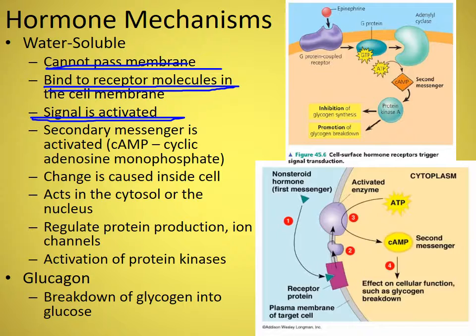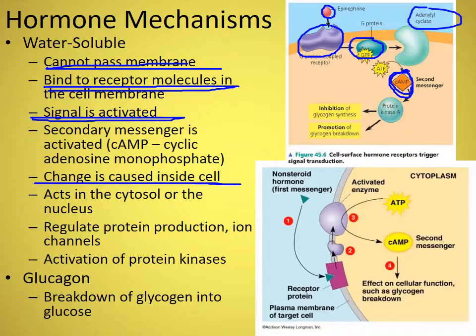When this protein hormone binds to this specific receptor, it activates this G protein here, which will then activate the specific enzyme to form a secondary messenger. The secondary messenger here is cAMP, or cyclic AMP, and this secondary messenger will then start to make a change inside of the cell.